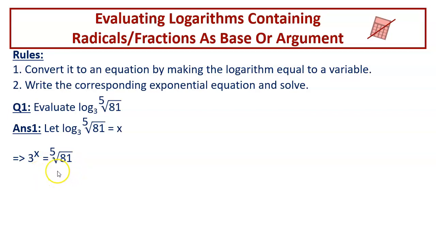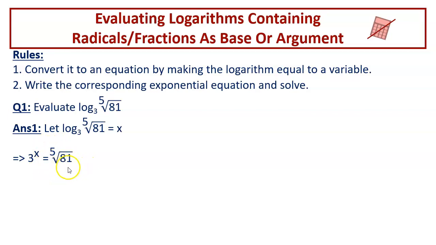The commonest method is making the base the same on both sides of the equal to sign and equating the powers. Or we may make the powers the same and equate the bases. But over here the power contains x and we have to find the value of x, which is equal to the given logarithmic term. So we have to make the base equal to 3 for the right hand side, since the base is equal to 3 on the left hand side, so that we can equate the powers.